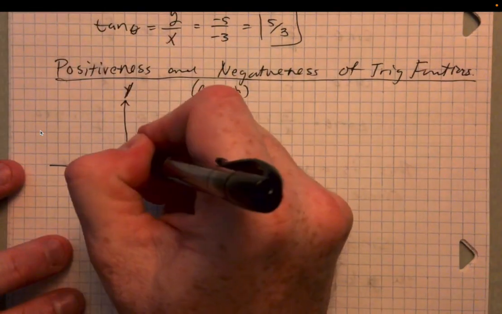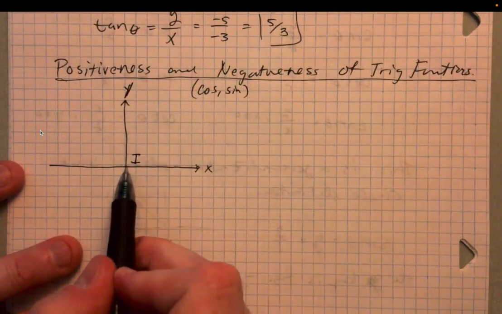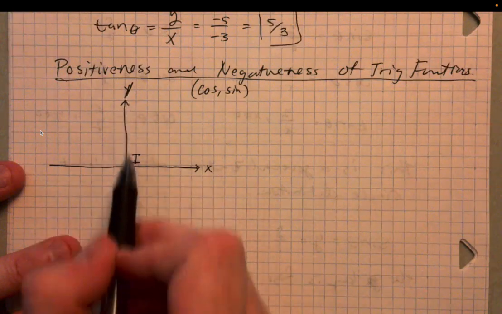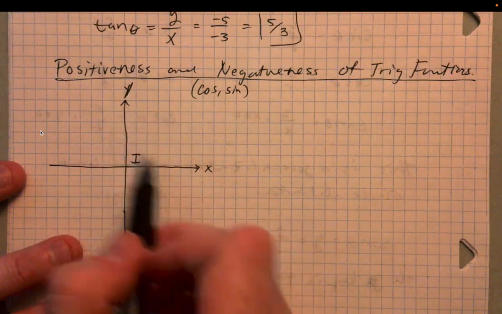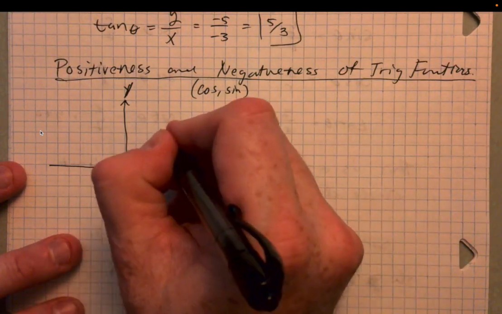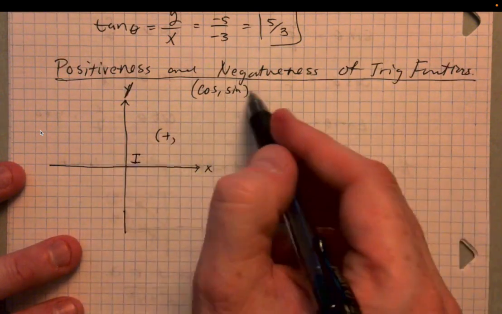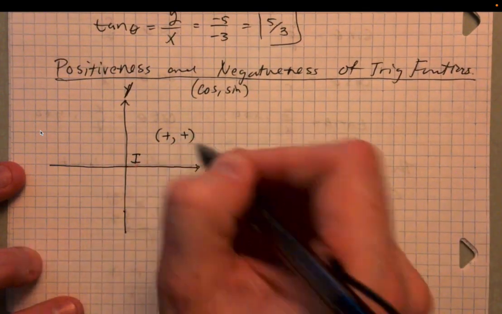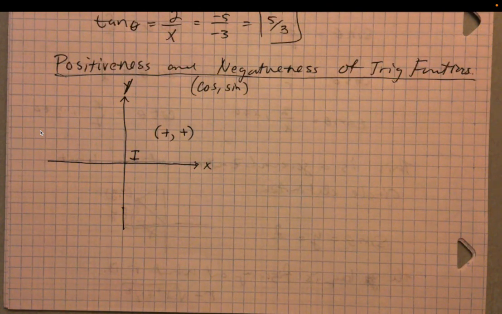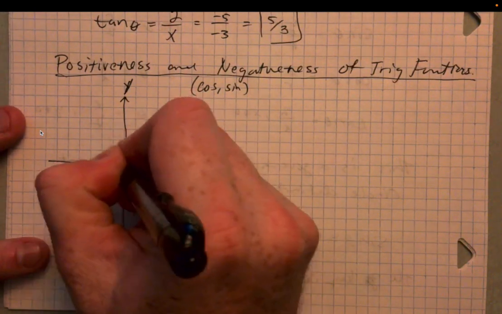So in quadrant 1 over here, I'd be moving this direction and this direction, up in here. And so over here, cosine is positive and sine is also positive, and tangent is positive, because tangent is the ratio of those two. What happens in quadrant 2?